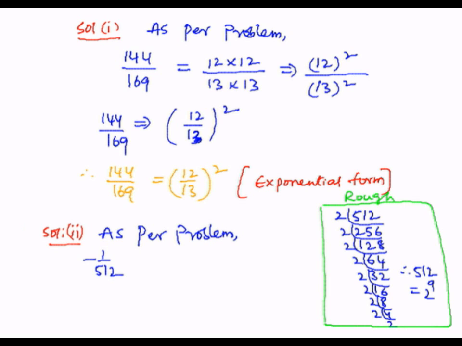That implies minus 1 by 512 can be expressed with minus 1 in the numerator and 512 expressed as 2 to the power of 9, since 512 is 2 power 9 as per the rough work. So minus 1 by 512 is equal to minus 1 divided by 2 to the power of 9.